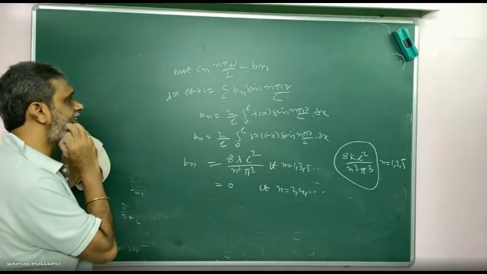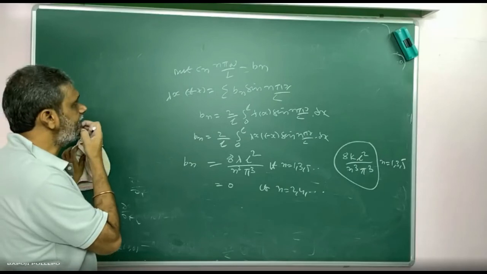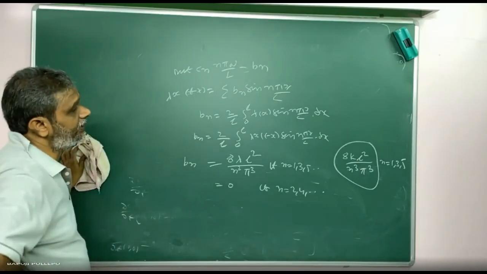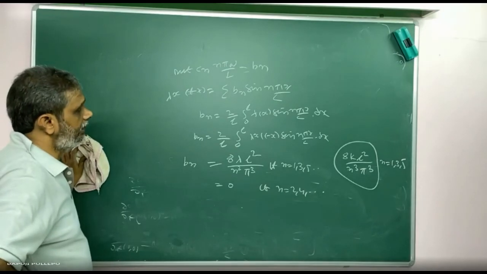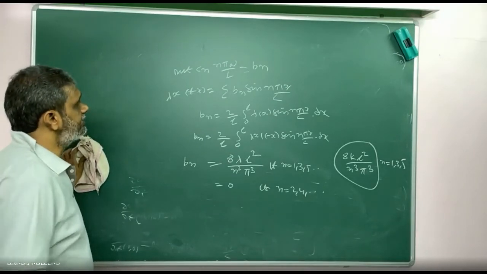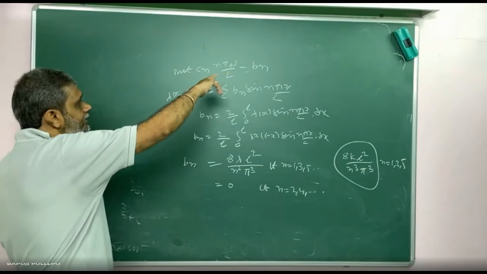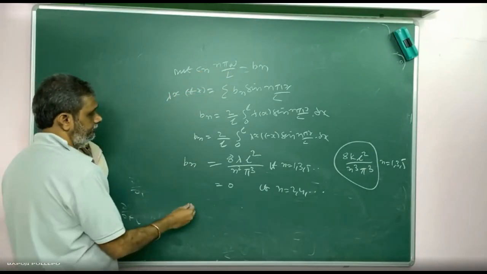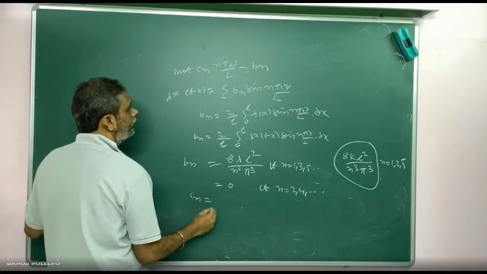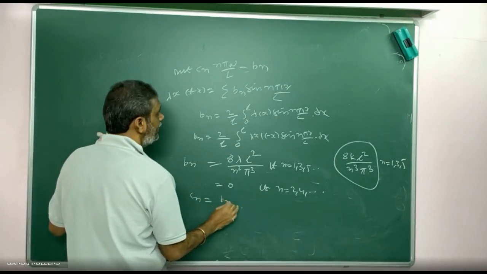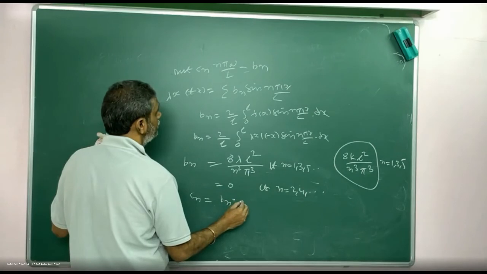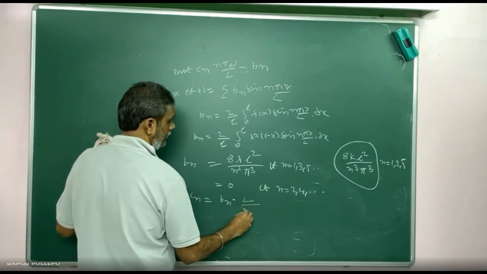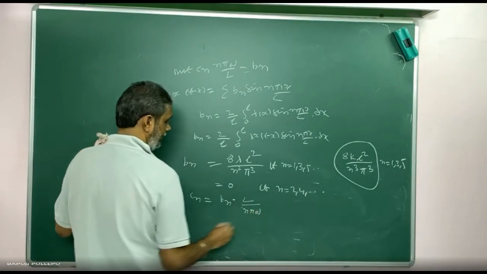Okay. Everything we got. Now come on slowly. There my solution is equal to Cn sin n pi x by L into sin n pi a t by L. Now who is Cn actually? Bn is equal to Cn by n pi a by L. So Cn is equal to Bn into L by n pi a. Correct?